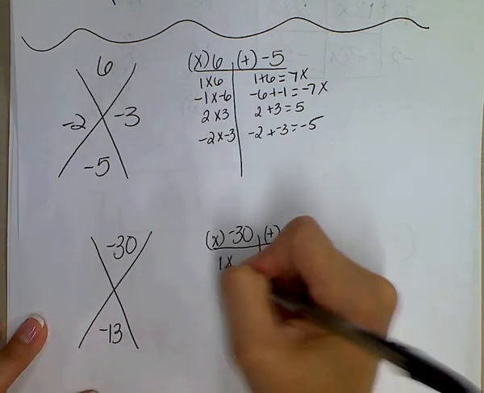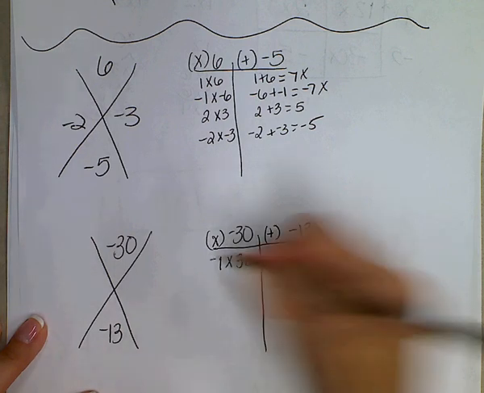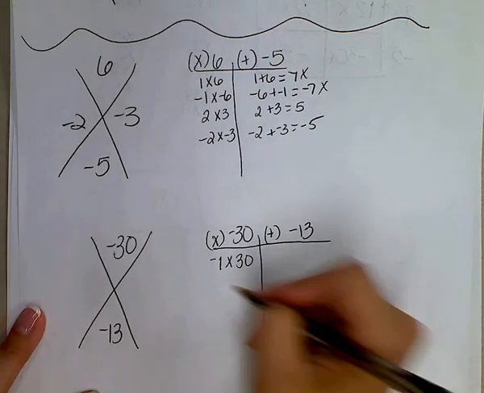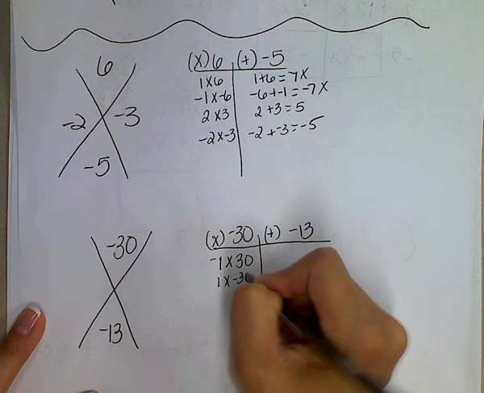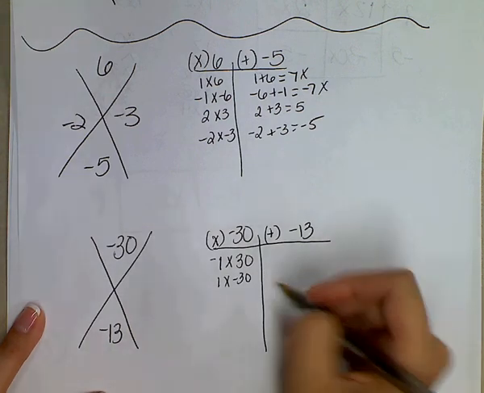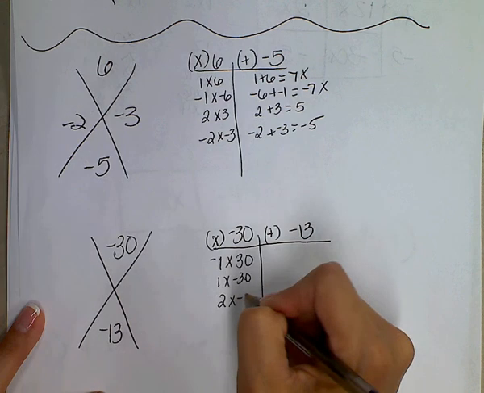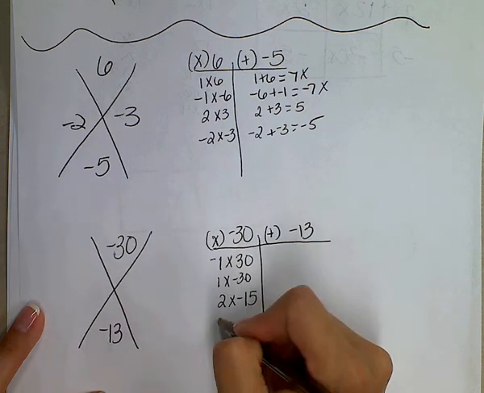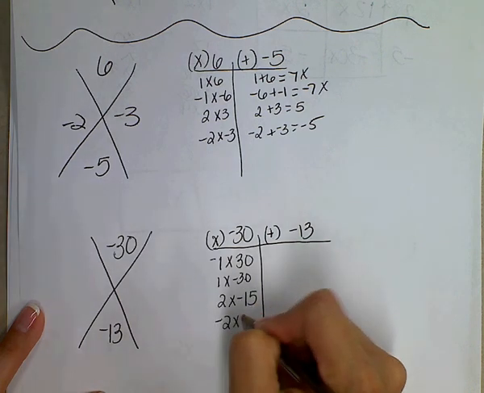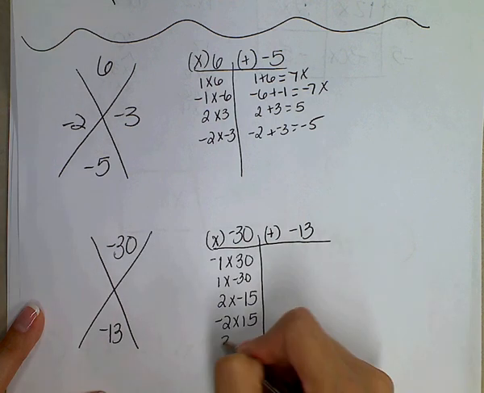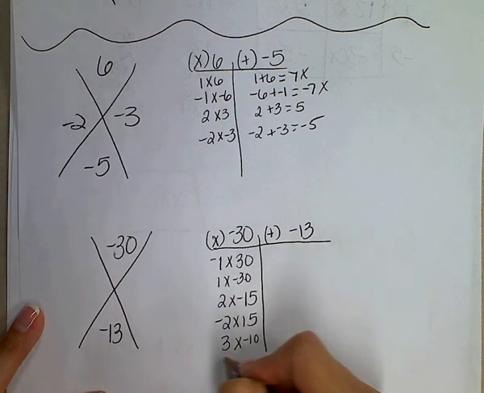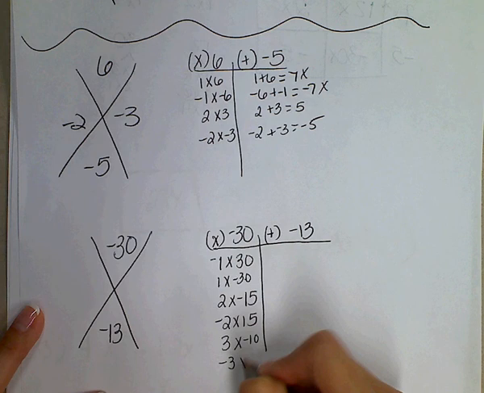So 1 times 30, one number has to be negative. I also want to account for the opposite, where I make the 30 negative. I have 2 times -15 and -2 times 15. I have 3 and -10, and I have -3 and +10.